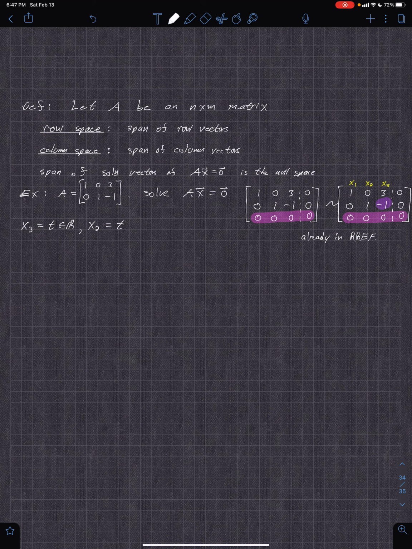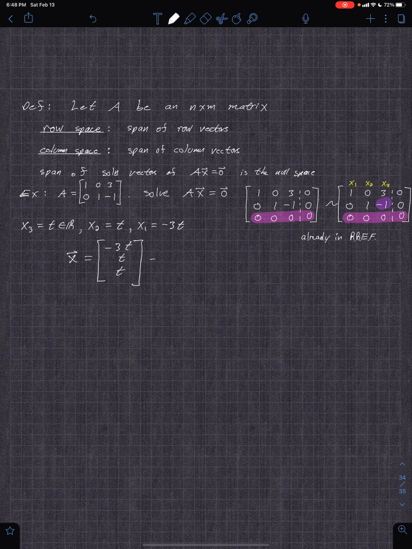And then x1, when you solve for 3t, you get just negative 3t. So x1 is negative 3t, x2 is t, x3 is t.